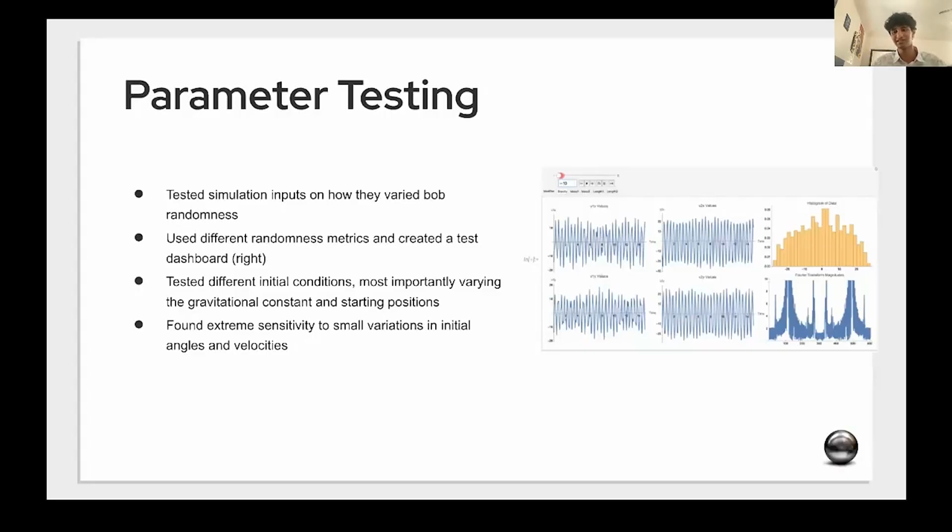On the right, you can see the randomness metrics that I was analyzing. These include viewing the plots over time, a histogram to assess uniformity, and then a Fourier analysis to see if there are any periodic patterns. The easiest way to see complete randomness is uniformity in the distribution, with no discernible distribution and the outputs all pretty random. And we see that in this image.